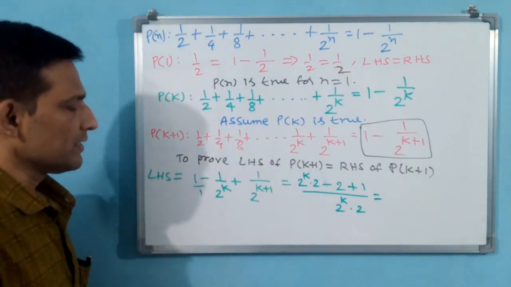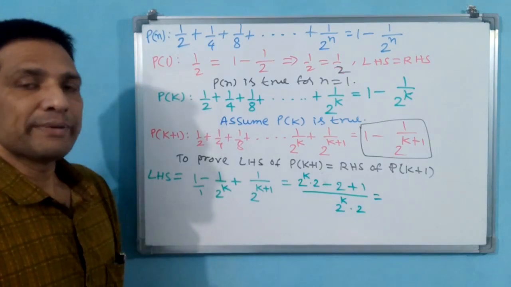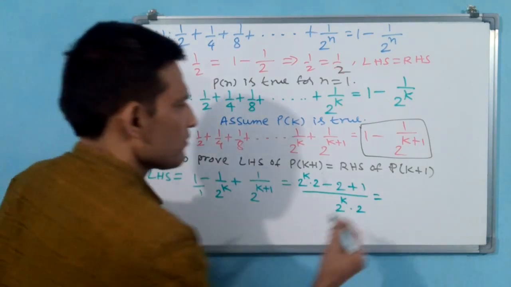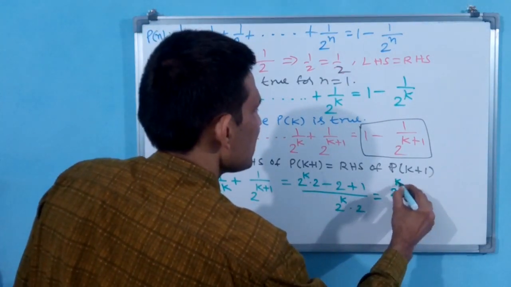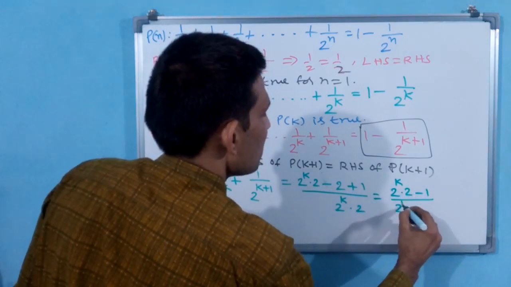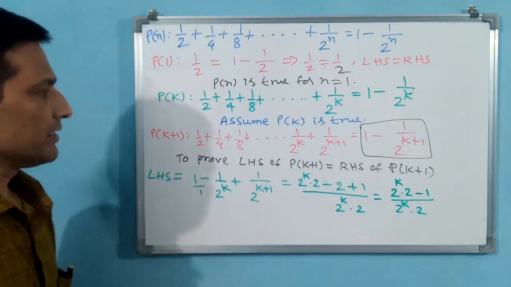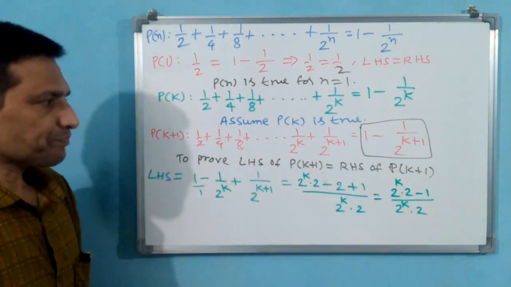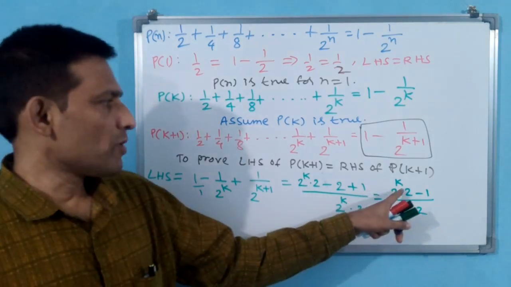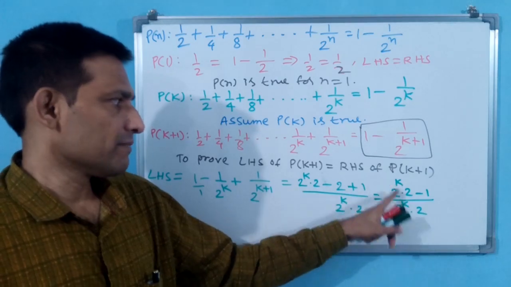That is equal to, you see here: minus 2 plus 1, what is going to become? Minus 1 only. You write down minus 1 over 2 power k into 2. Is it okay? You see now again, 2 power k divided by 2 power k.